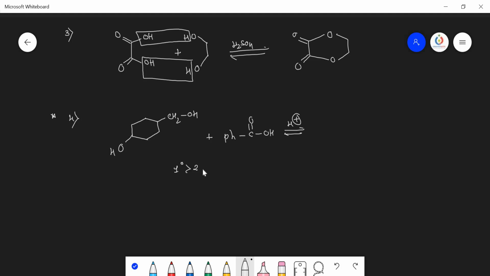Primary alcohol, next secondary alcohol, next tertiary alcohol, because primary alcohol can easily attack the carboxylic acid as steric hindrance will be very less. CH2O, C double bond O, pH. So on the alcohol side only oxygen must be connected to the carbon, and on the carboxylic acid side C double bond O should be present.